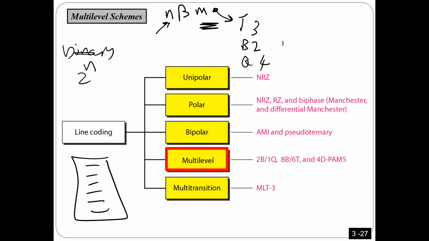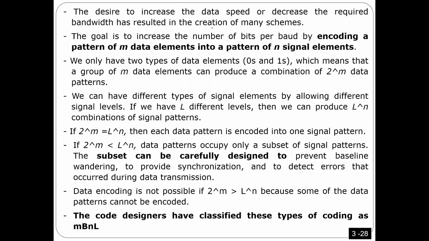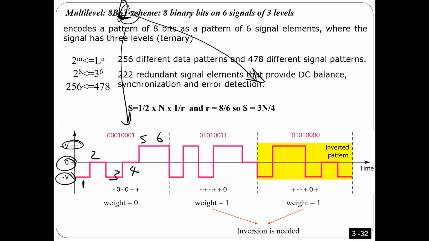Okay, let's look at this part here. How many signal element patterns do we have? What do I mean by a signal element pattern? As you see here, positive, positive, negative, negative. This is a pattern, okay? We can have different combinations of this pattern, like negative, positive, negative, positive, positive, negative, sorry, 0.